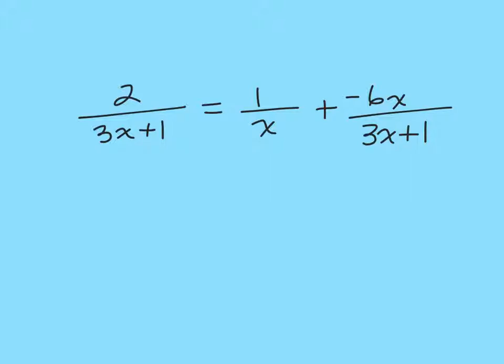Now wait a minute. You didn't hear what I said. I said, see if any of the denominators factor. And 3x plus 1 is not the difference of squares or the sum or difference of cubes. And x is a monomial. So nothing factors. So you're right. The next thing we do is multiply everything by 3x plus 1.